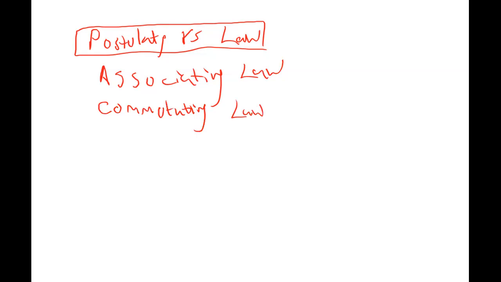An example of the commutative law might be something like A plus B equals B plus A. That's commutation. And we have a commutative law in the regular algebra we learned when we were in middle school. Commutation works for that too.